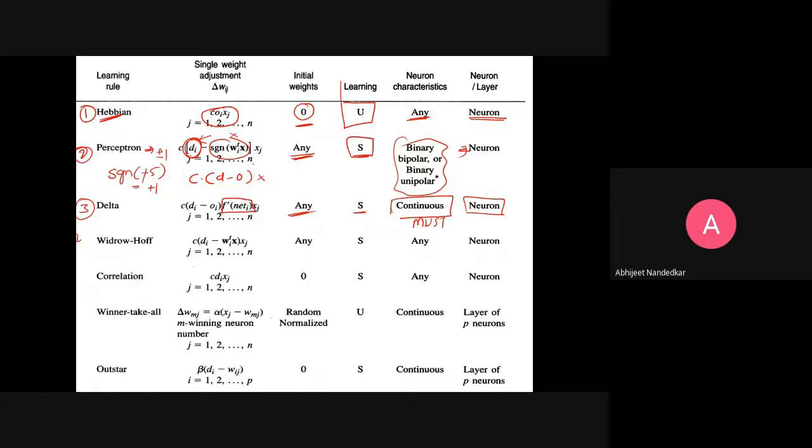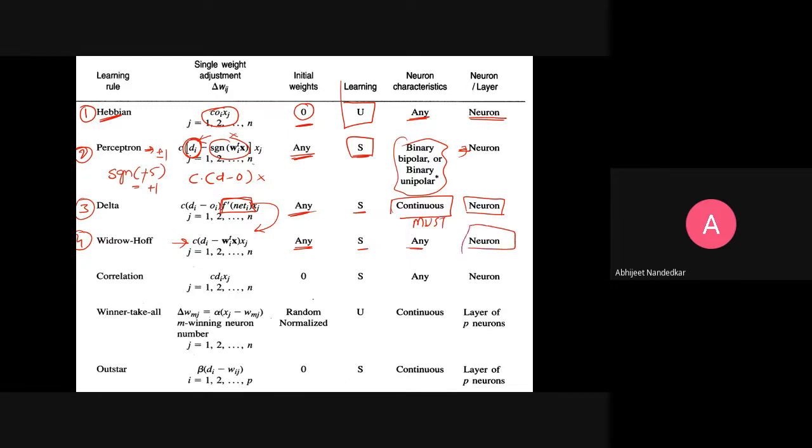The fourth one is very similar to these two, or you can say it is a modified version of delta with a linear activation function. If you do that, then you get the Widrow-Hoff learning rule, which is applicable to any initial weight, supervised, and any characteristic function is fine for this neuron.